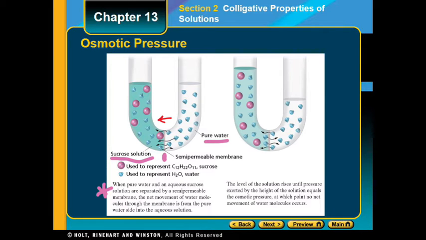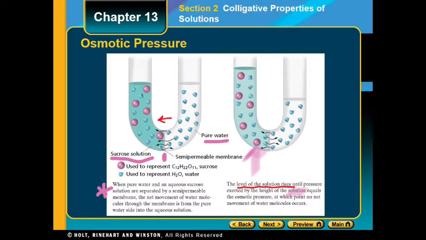And it says the level of solution rises until the pressure exerted by the height of the solution. Again, the word solution indicates solute plus solvent. So this side is our solution.